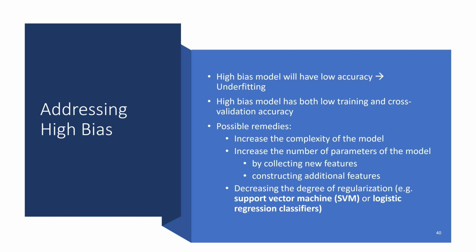Increase the complexity of the model, that's one way. Increase the number of parameters of the model, by collecting new features or constructing additional features, that's another way. Or we can decrease the degree of regularization in models where regularization is used. These can include support vector machines, logistic regression, or neural networks as well. So these are the possible remedies for that.